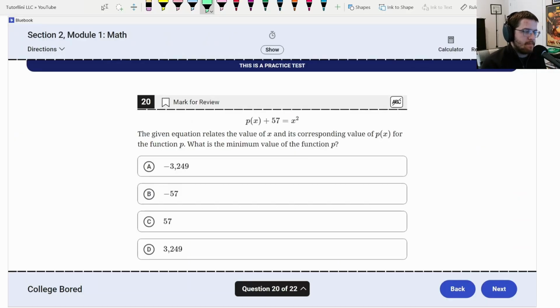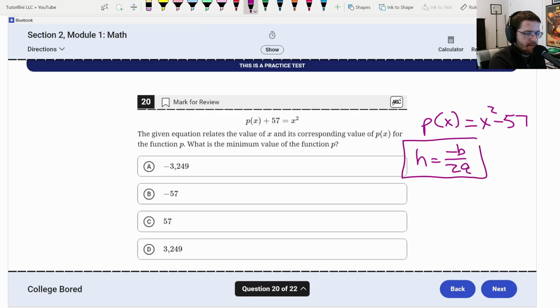Okay, question 20. So first thing I'm going to do is isolate the p of x. So I'm going to subtract 57 from both sides, and I get p of x equals x squared minus 57. Now I'm going to do h equals minus b over 2a to find the x coordinate of the vertex.